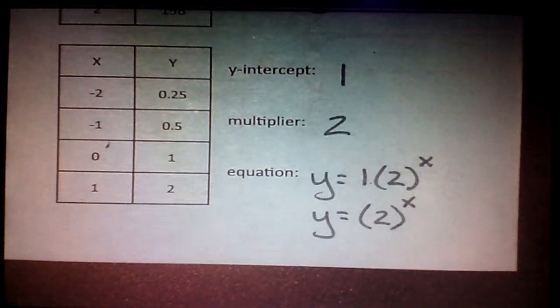When your y-intercept is a 1, I don't technically have to write it in the equation. So 2 raised to the x could just be your equation without that 1 written there. That 1 is understood.